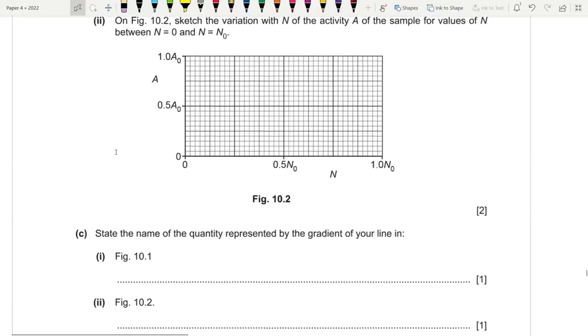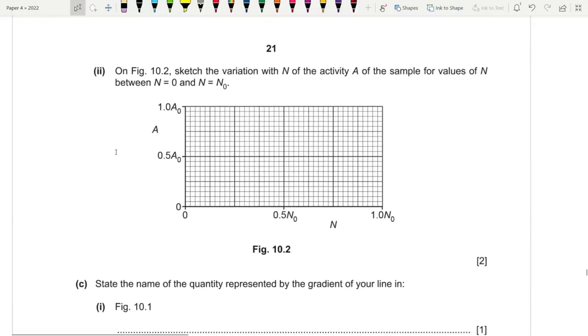Negative gradient. Last part. On figure 10.2, sketch the variation with N of the activity of the sample for values of N between N is equal to 0 and N is equal to N naught. So think about it. The equation for radioactive decay is N is equal to N naught e to the power minus lambda t.